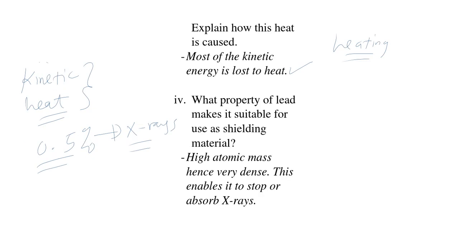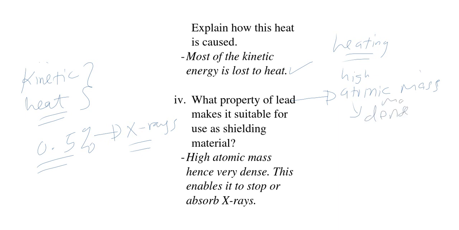Then Roman 4, what property of lead makes it suitable for use as shielding material? Lead, we normally say, has a high atomic mass. It is this high atomic mass that makes it more dense.